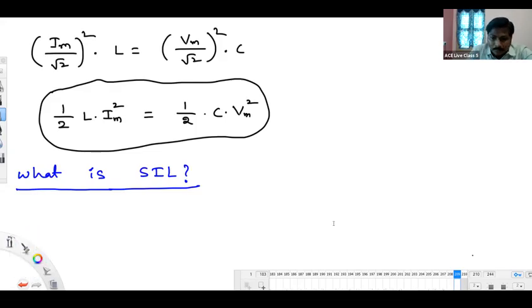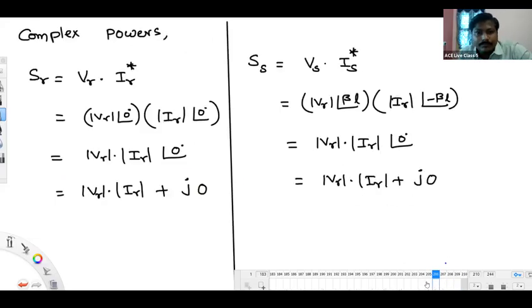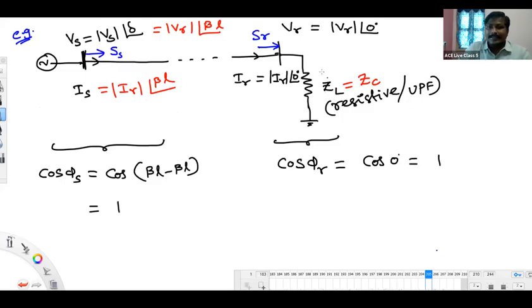See, surge impedance loading, I will take in a single term. Just look here. This is some load impedance. Simple question, you have to answer this: whenever I change the load impedance value, whether the power consumed by the load is going to change or not.